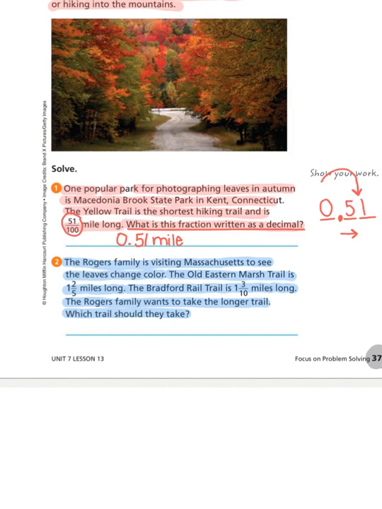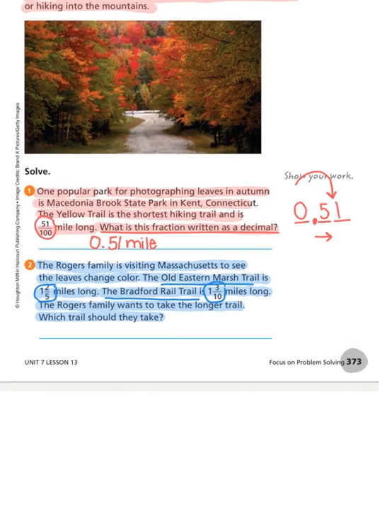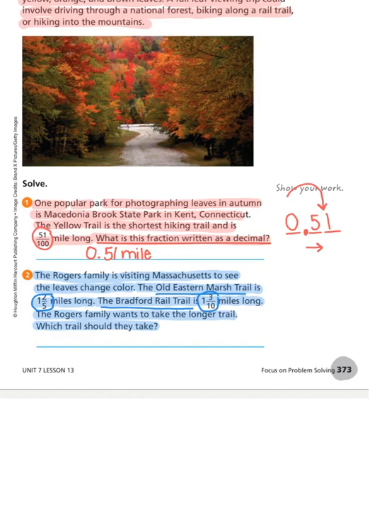I know that the Old Eastern Marsh Trail is 1 2/5 mile long, whereas the Bradford Rail Trail is 1 3/10 mile long. Remember, when we are comparing fractions, we have to make sure that the denominator is the same. So I have 1 2/5, and I have 1 3/10.